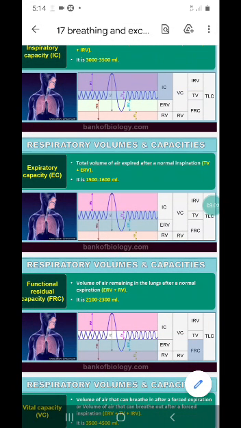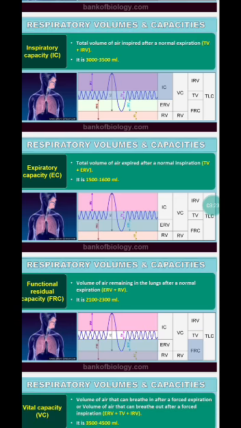Now you are going to see some of the capacities of the lungs. The first is the inspiratory capacity, which is the total volume of air inspired after a normal expiration.